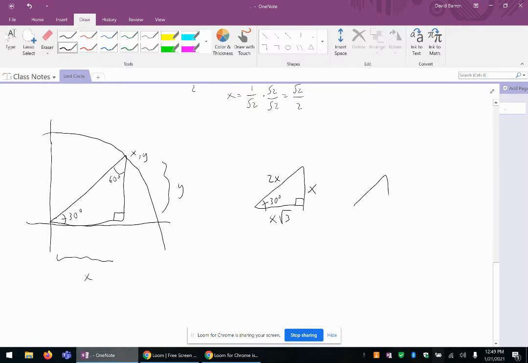So for example, if the hypotenuse is 4, the opposite side would be 2, and the adjacent side would be 2 root 3. So on our triangle, because it's embedded in the unit circle, the hypotenuse is 1, meaning that the opposite side has to be half that, and the adjacent side is 1/2 root 3, or root 3 over 2, in other words.